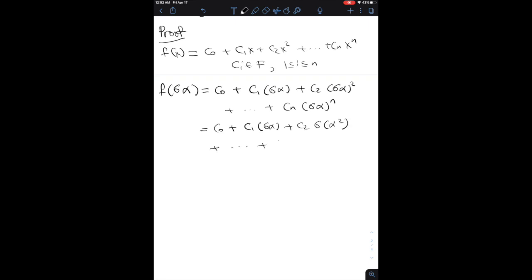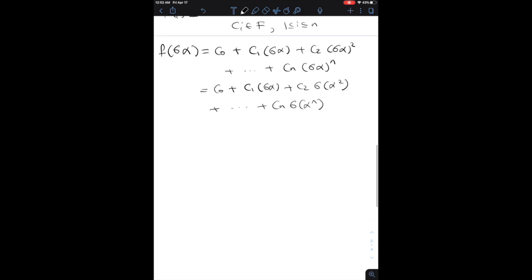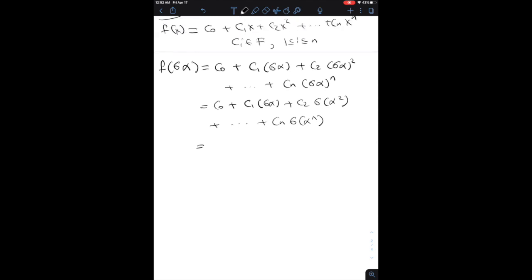So sigma(alpha) squared is the same as sigma applied to alpha squared, since it's a homomorphism. Okay, and now we use that sigma fixes the field F, and in particular it fixes all of the coefficients of the polynomial.